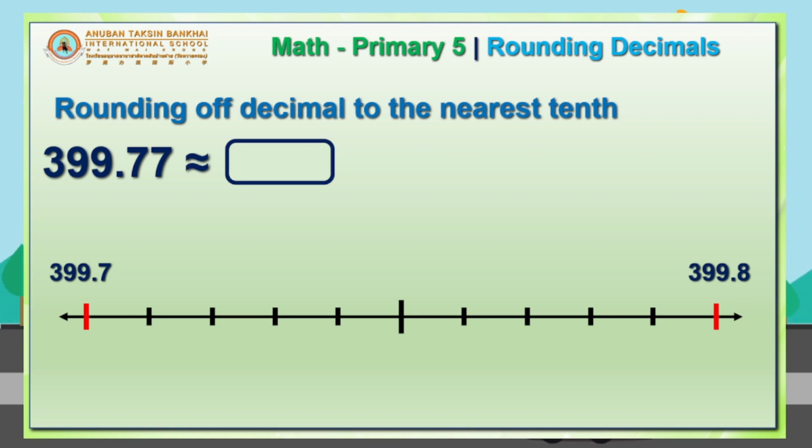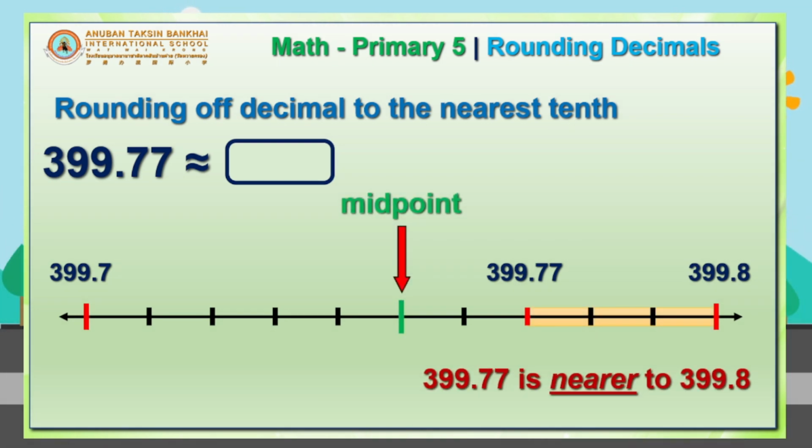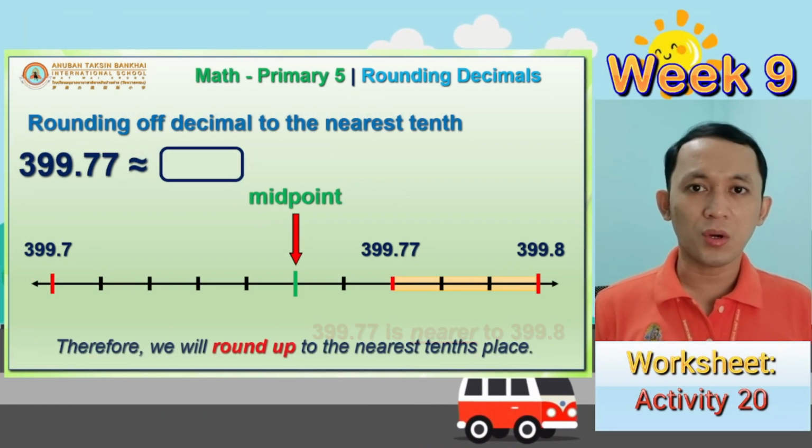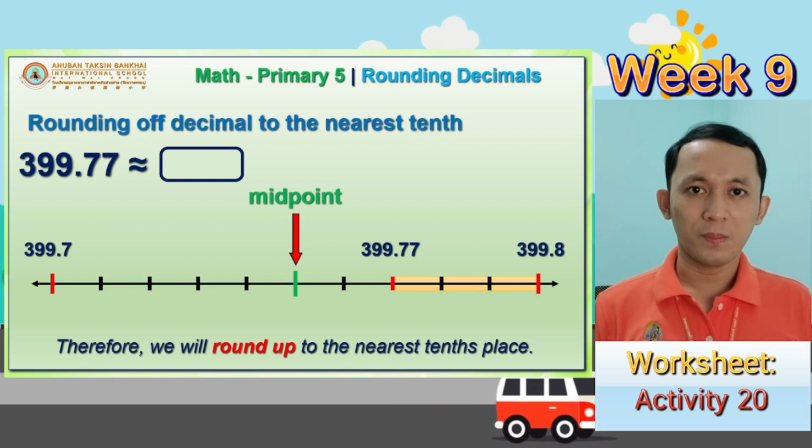Now let's write the exact position of our number, and we're going to write it here. Take note that our midpoint is in this section, in this point. Now you could see here that 399.77 is actually nearer to 399.8. So therefore, since 399.77 is near to this number, we are going to round up.